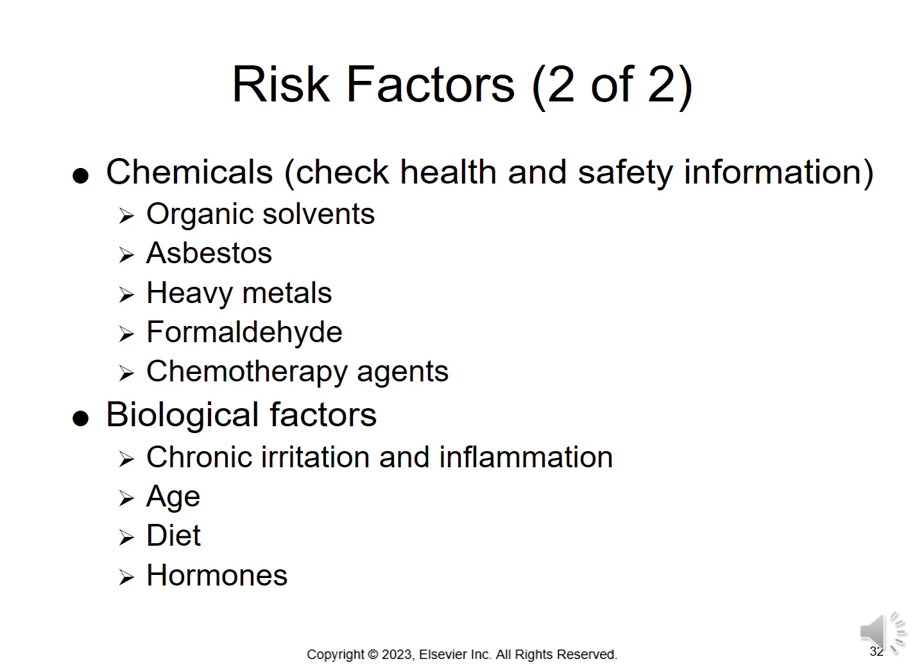Also, biological factors: chronic irritation and inflammation with increased mitosis. So, things like ulcerative colitis can lead to colon cancer, and leukoplakia can lead to oral cancer. Also, with age, many cancers are more common in the older person.